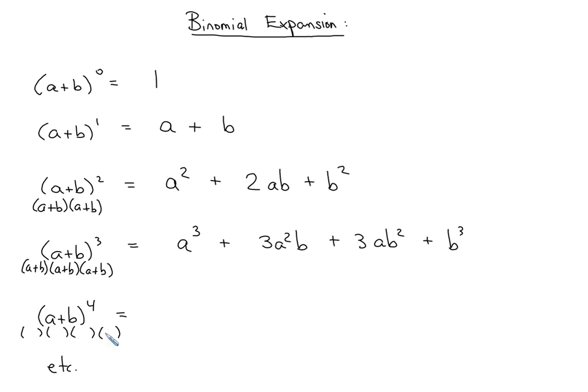So you can FOIL the first two, and then distribute that into the third parentheses to get this, and then you take this and distribute it into the last parentheses, and it gives you a to the fourth plus 4a to the third b plus 6a squared b squared plus 4ab to the third plus b to the fourth. So this you just get by FOILing repeatedly.